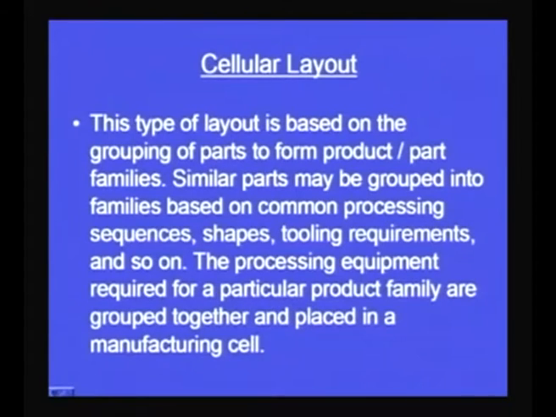These 3 types of layouts are the product layout, the process layout, as well as the fixed position layout. All these we have already covered. Now we are going to cover the latest type of layout being used in industry these days, and that is the cellular type of layout.